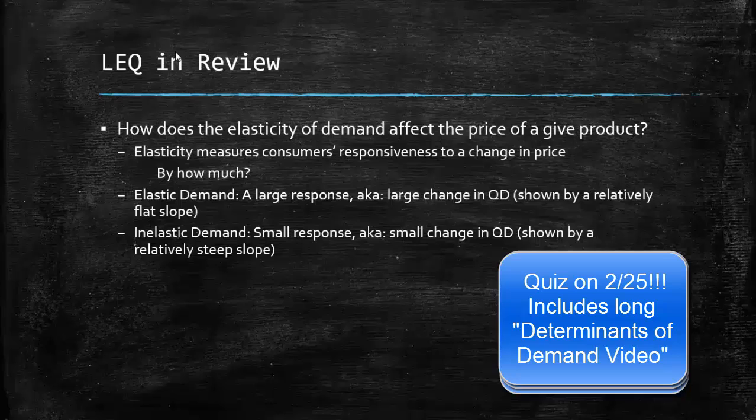All right, and that is shown by a relatively flat slope. Compare that to inelastic demand, which is a small response in quantity demanded. So if the price of insulin goes up, do you really think diabetics are going to quit buying insulin? Probably not, because they need it to live. And that is shown by a relatively steep slope.